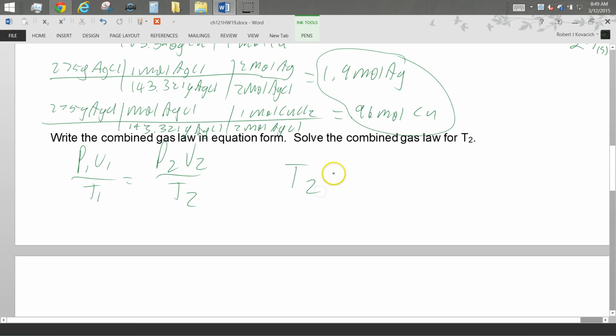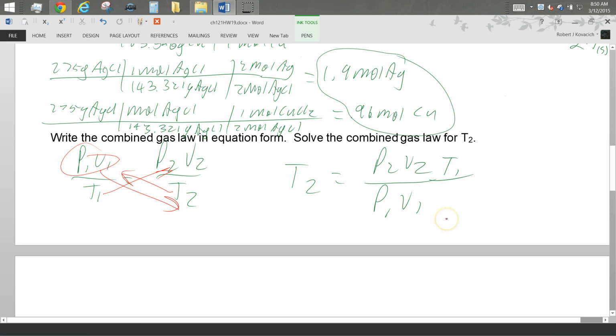So T2 equals P2, V2, T1 over P1, V1. So the T2 goes to that side, the T1 goes to that side, and the P1 and V1 go down to the other side.